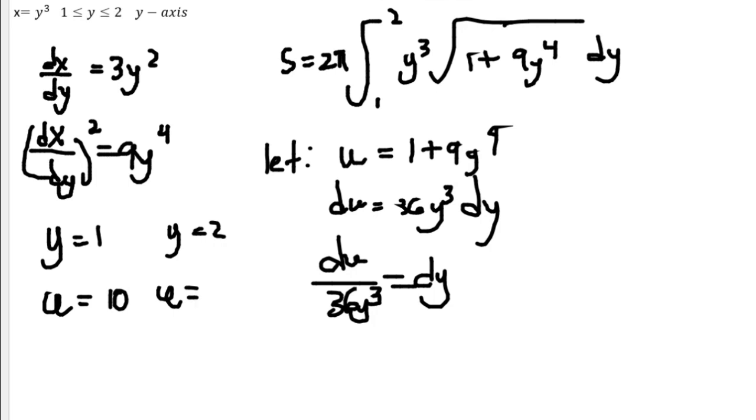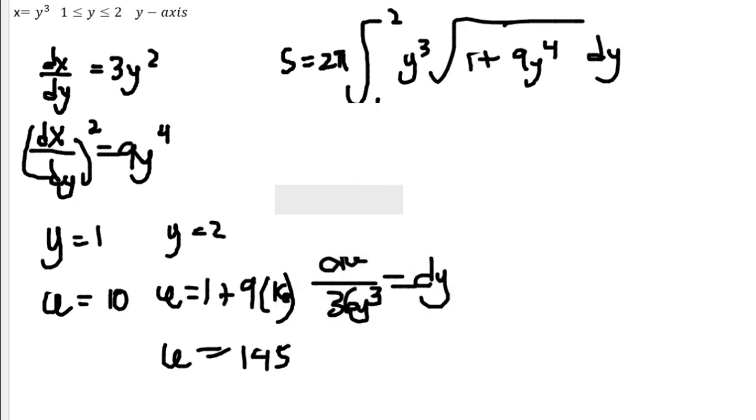Actually, we're going to replace the values of 1 to 2. So plugging in what we have here, the new value is going to be 10, and we have 16 times 9 plus 1, that's going to be 145. Okay, now let's put it here.